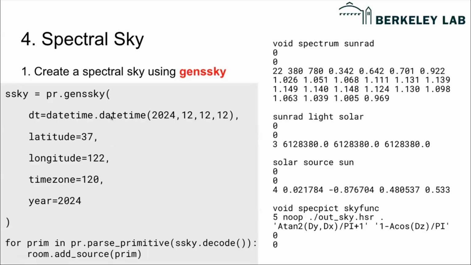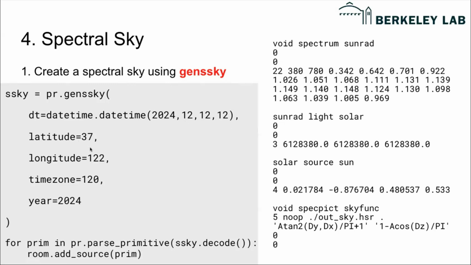Next, we will be building the spectral sky using gensky. How you would do that is you provide the date and time. For this example, I'm showing you the sky at noon on December 12th.